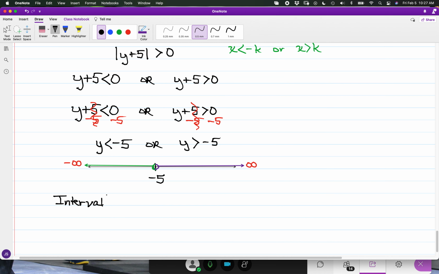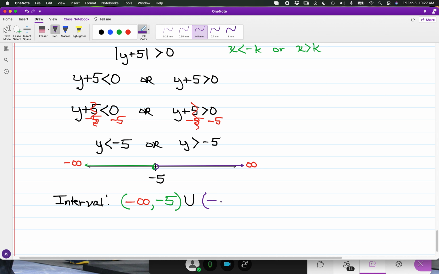So for the interval solution, I'll do a little bit of color coding. You have going between, once again, -infinity and -5. Then we have in union a set of values that will be greater than -5.